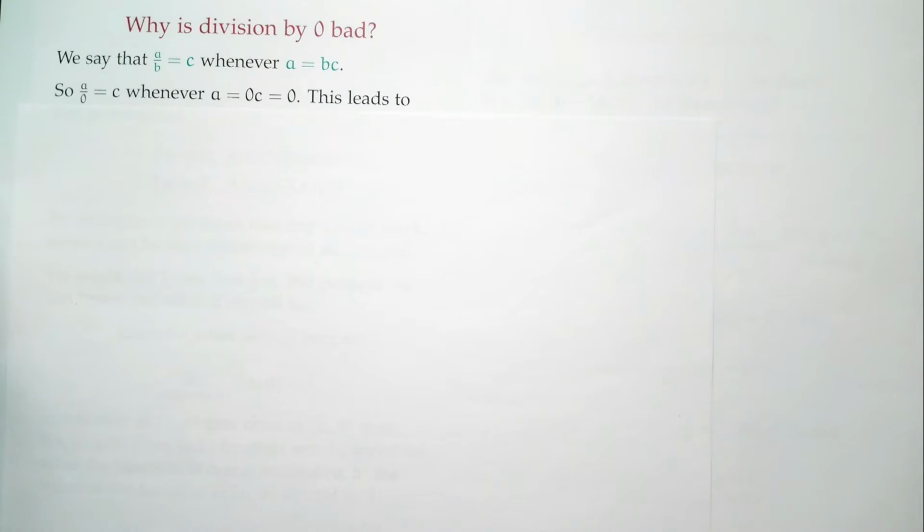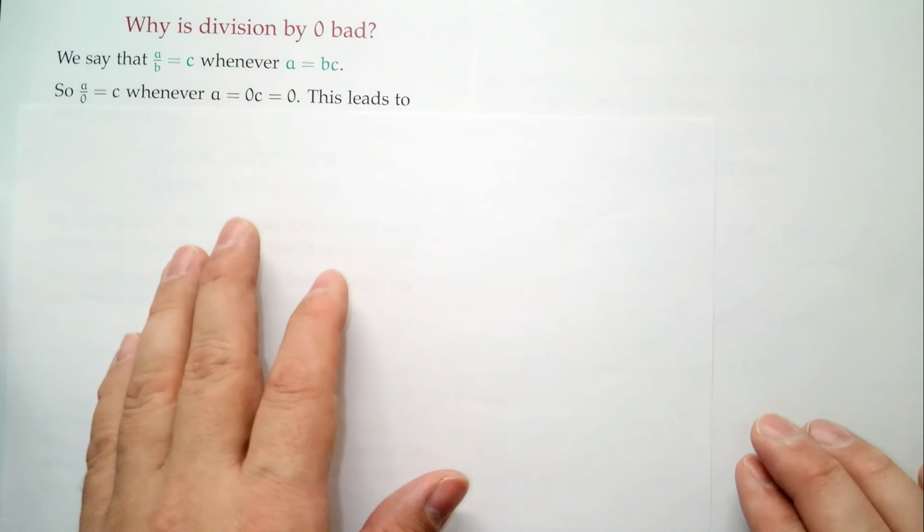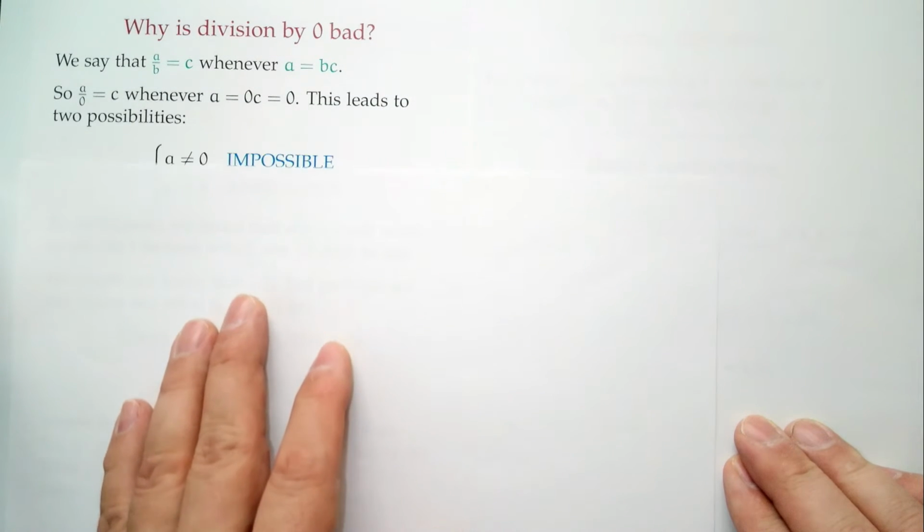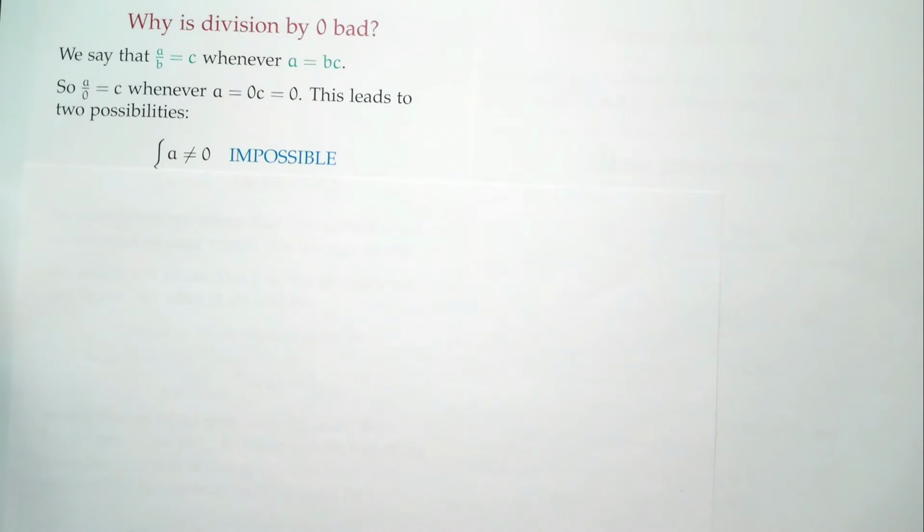Now, what's one possibility? Well, one possibility is that A is not 0. And I can't have A be equal to 0 and A not be equal to 0 simultaneously. You have to make up your mind. You have to do something. So we can't have A not be 0. So that means like 1 over 0, it's just impossible, doesn't make any sense, and it can't work.